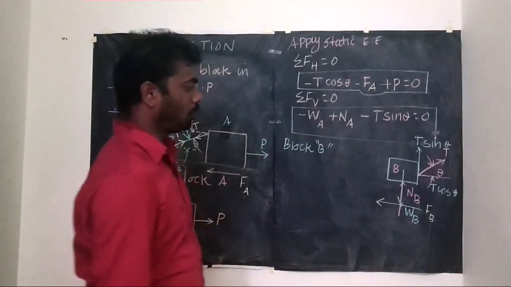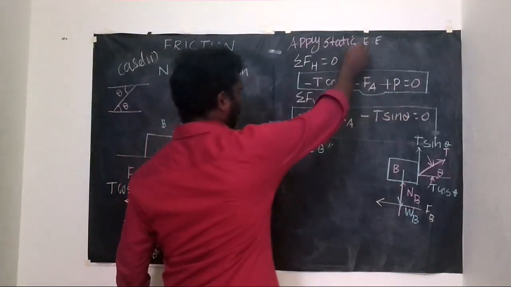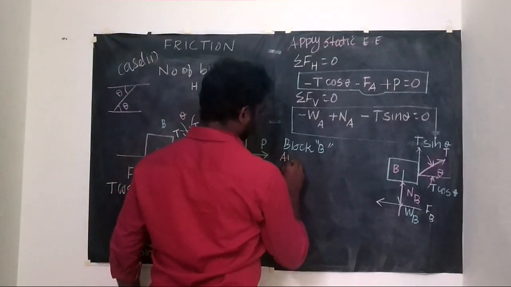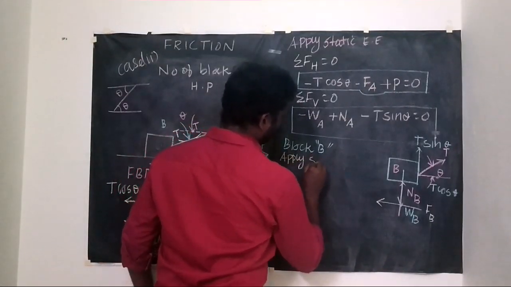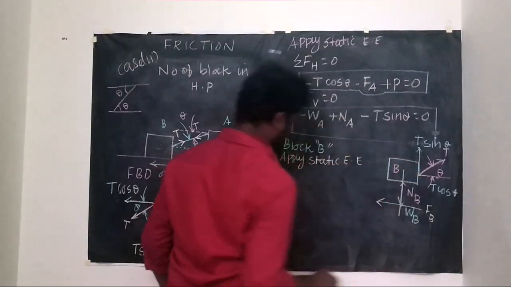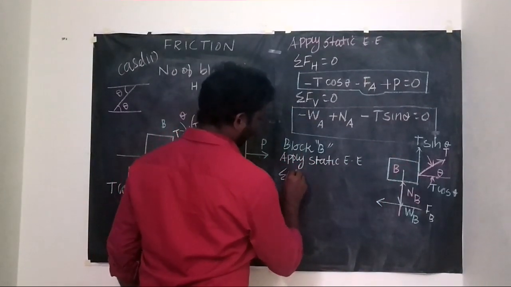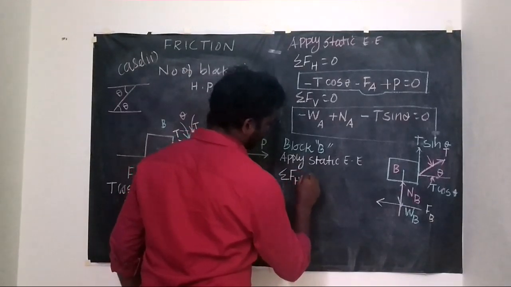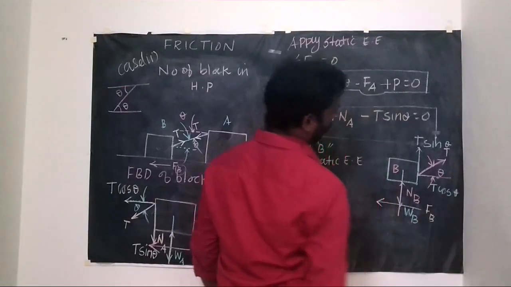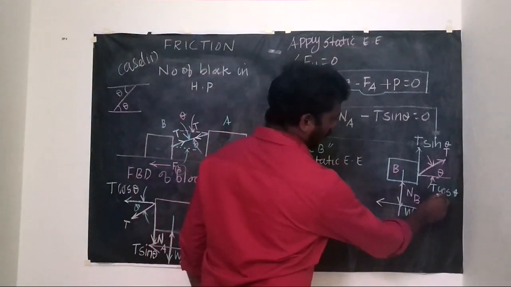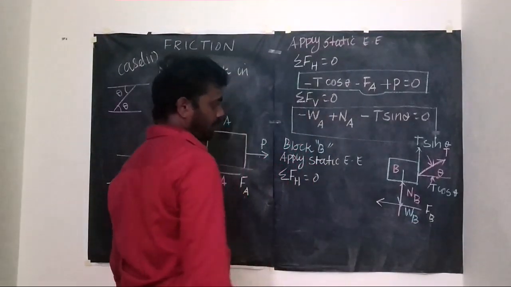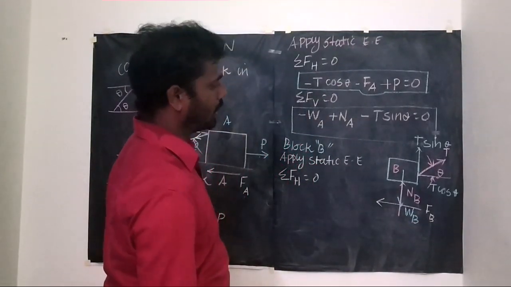Okay, now I am going to apply the static equilibrium equation to find the unknown value. That is, sum of horizontal forces acting on the system equal to 0. Here this horizontal component and the limiting friction force F B come in the horizontal direction.